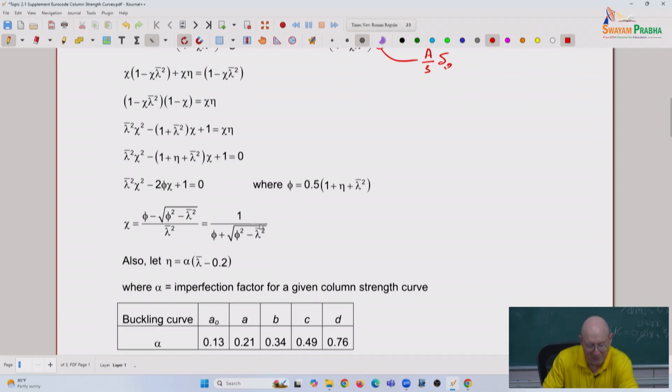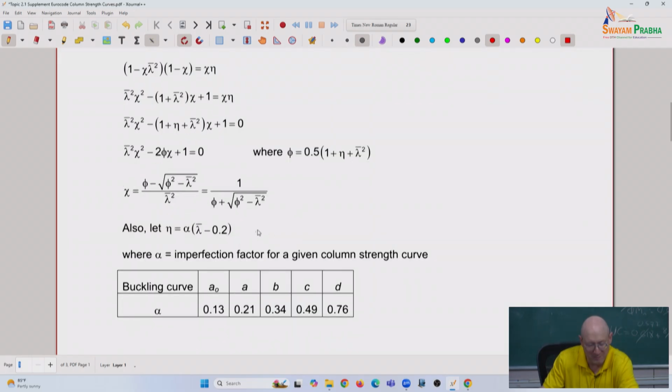When we do that and simplify, the numerator becomes 1, and the denominator becomes phi plus square root of phi squared minus lambda bar squared. And what do you know? That's the basic form of chi that shows up in the Eurocode equations.